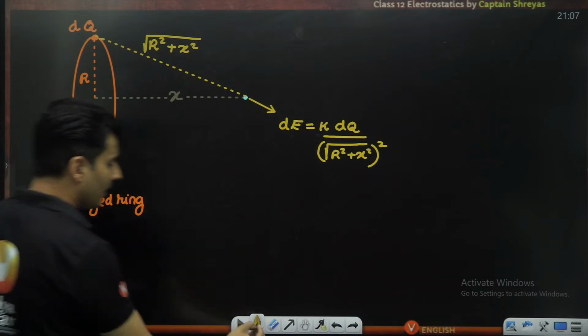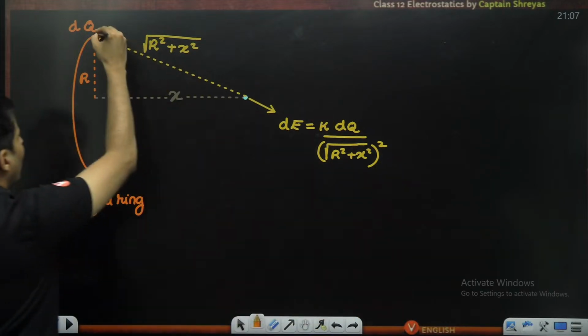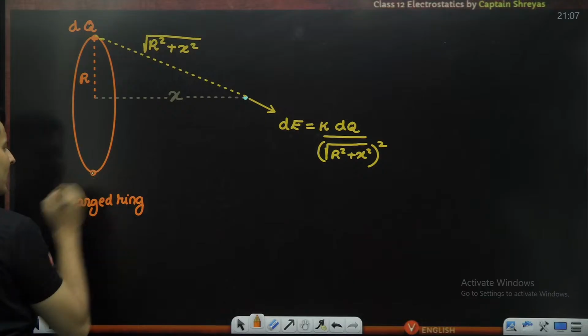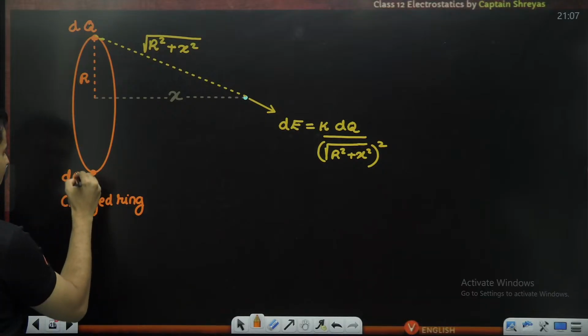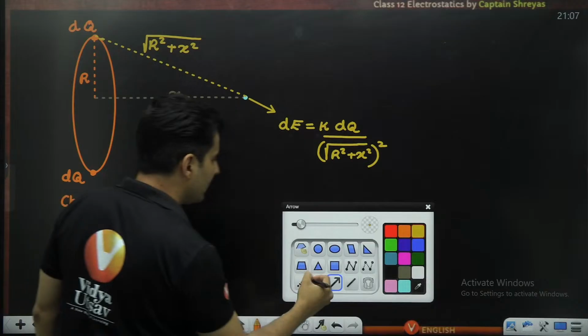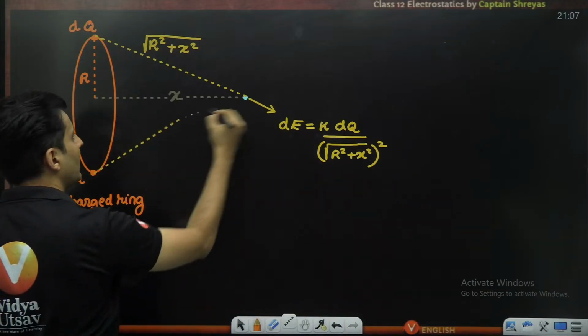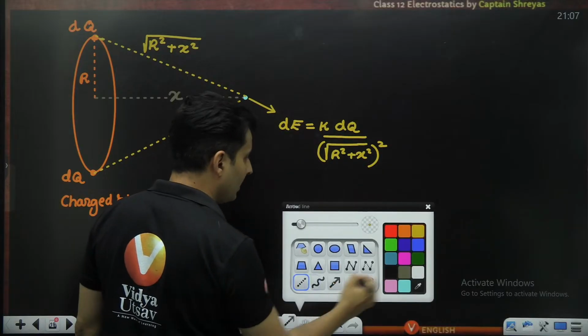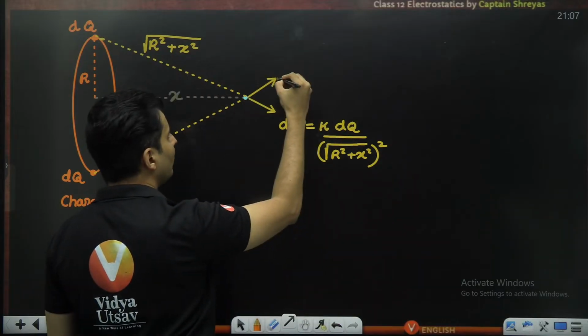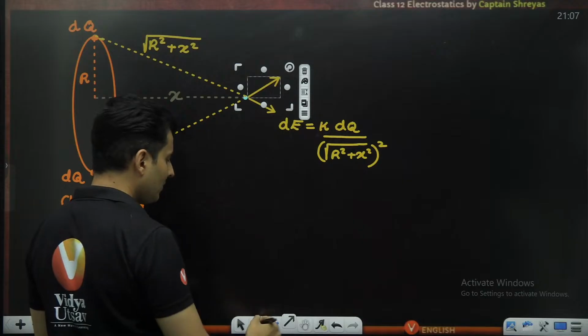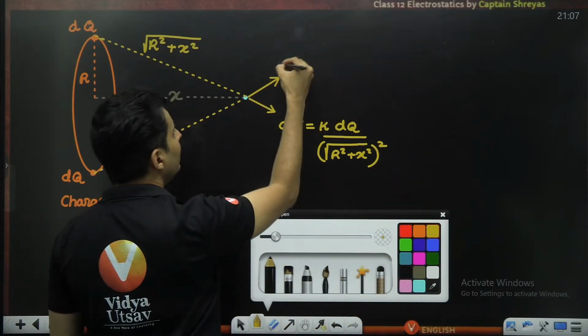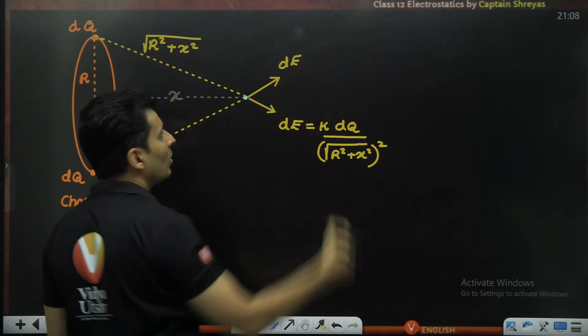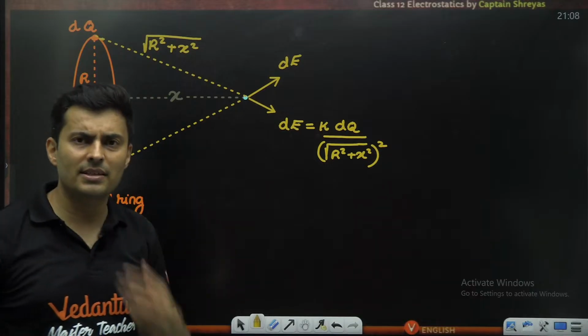Now think again about another equal charge which will be present exactly opposite over here, at the same distance from this point, and that will also give the same amount of electric field, which will be basically dE.